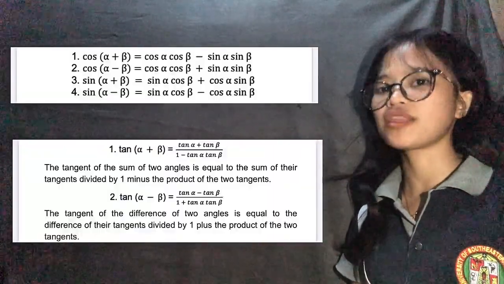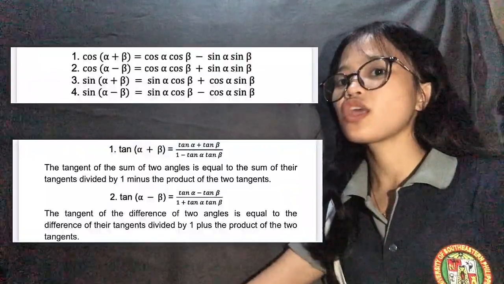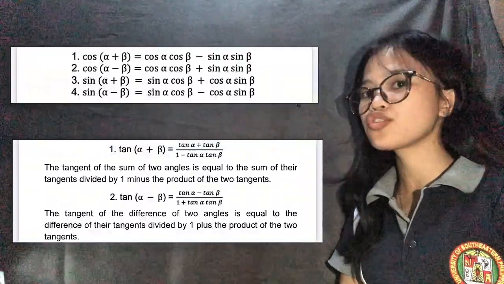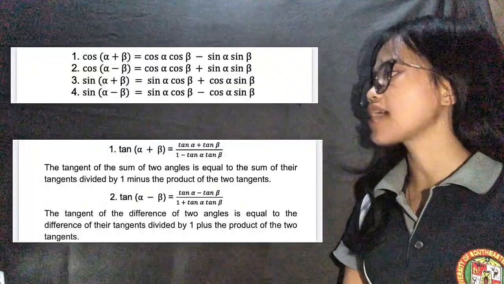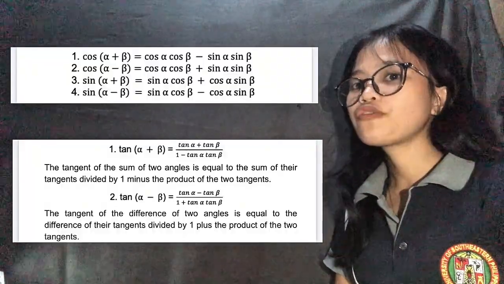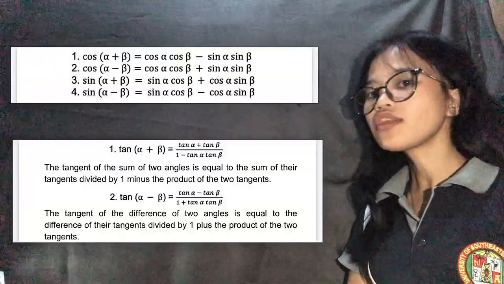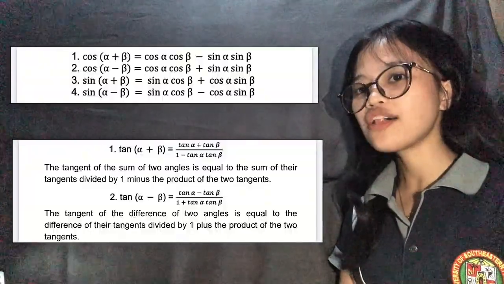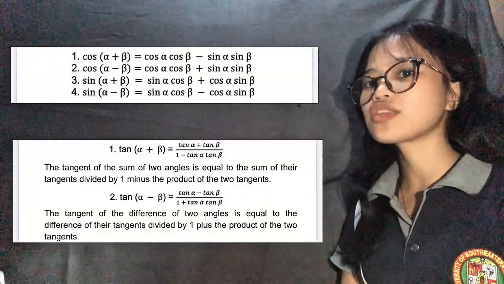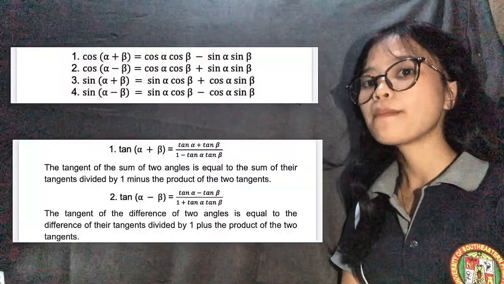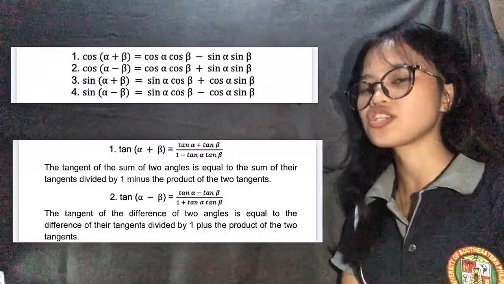For the tangent, we have tangent of alpha plus beta is equal to tangent alpha plus tangent beta all over 1 minus tangent alpha tangent beta. For the difference, we have tangent of alpha minus beta equals tangent alpha minus tangent beta all over 1 plus tangent alpha tangent beta.